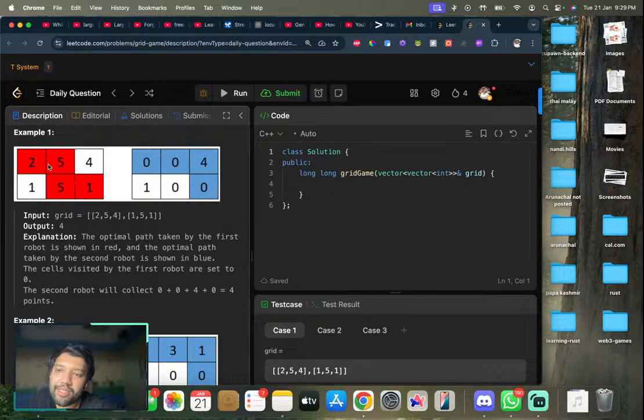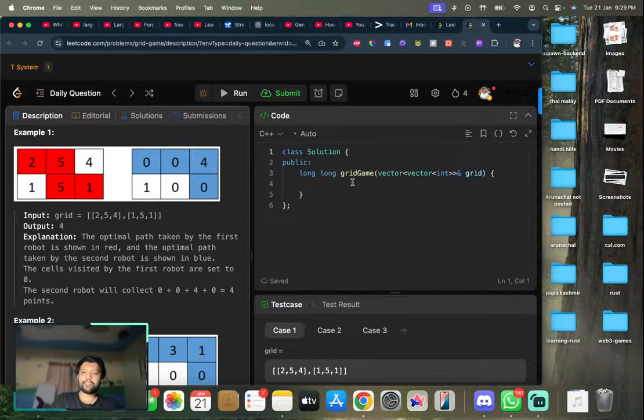At this point, he'll get 2 plus 5 plus the right sum. So we can find out at which point the maximum would occur, and then we just calculate the first row and subtract the maximum.